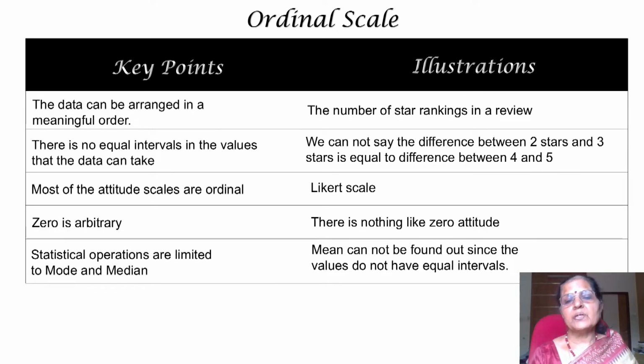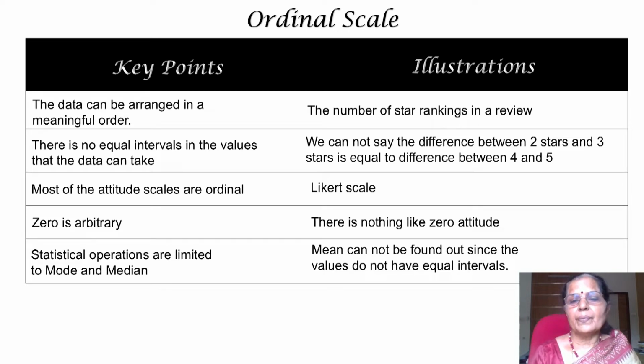Ordinal scale. It is also a categorical scale, but unlike nominal scale, here the categories can be ordered, but they don't have equal intervals. There is no absolute zero. The zero here is arbitrary. For example, when you ask people to give a rating in a review, people give either 1 star, 2 stars, 3 stars, 4 stars, or 5 stars.